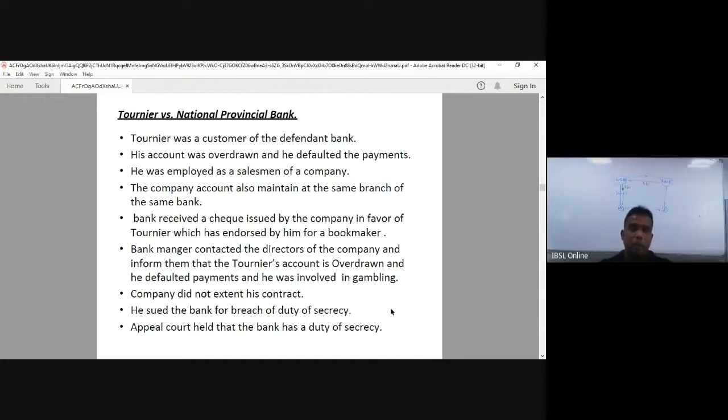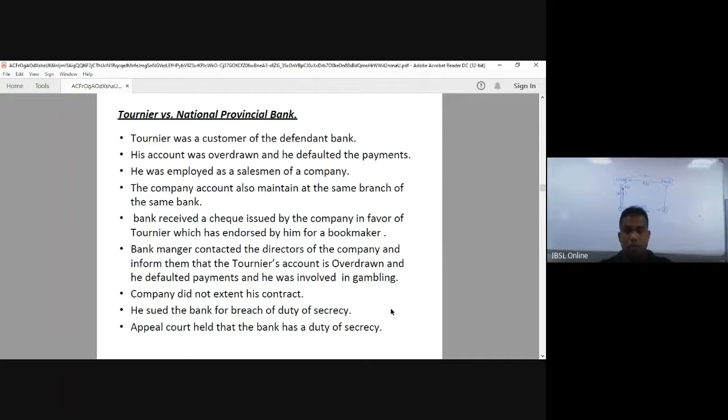He was employed as a salesman in a company, and this company also had a current account in the same bank, in the same branch.